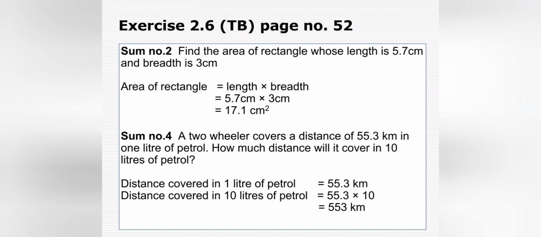Distance covered in 1 liter of petrol is 55.3 km. And the distance we have to find is covered in 10 liters. So 55.3 multiplied by 10. Now by how many places will the decimal point move towards the right side? Correct. 1. So the answer is 553 kilometer. So isn't it very simple?